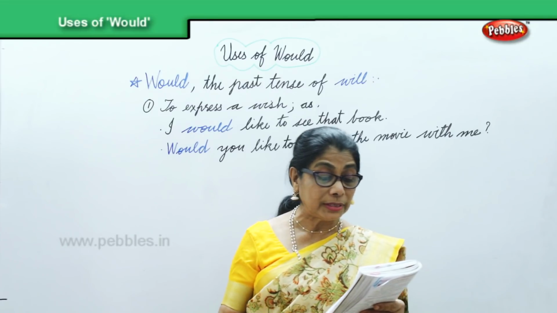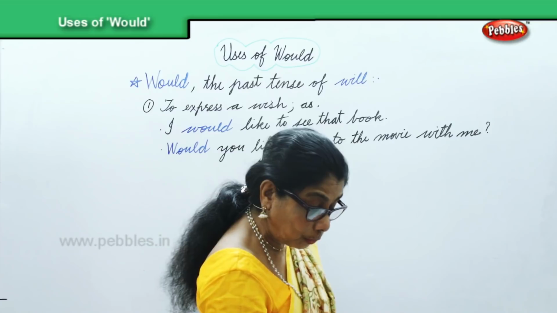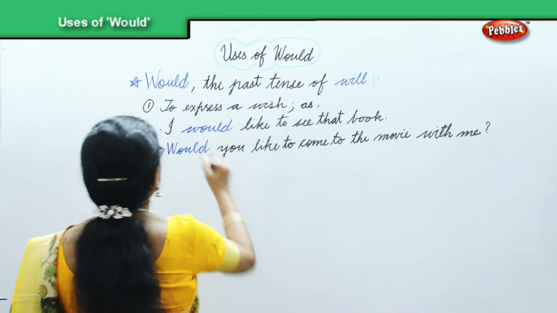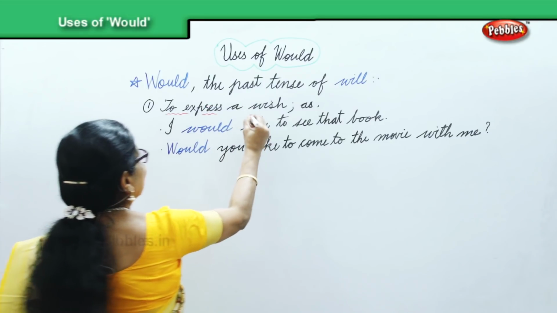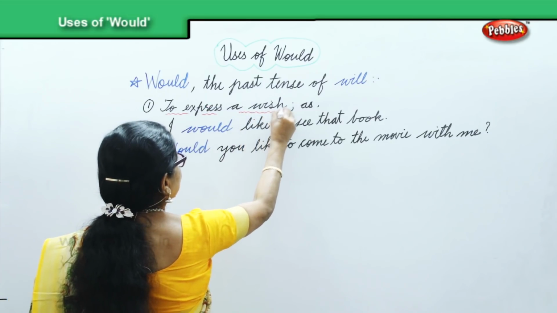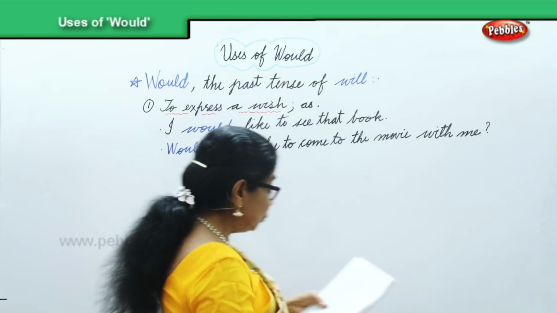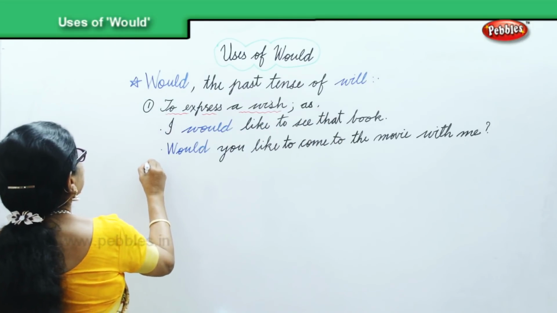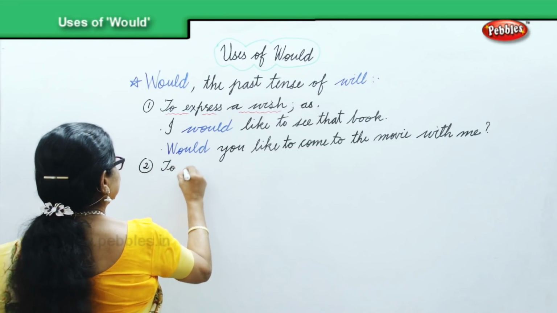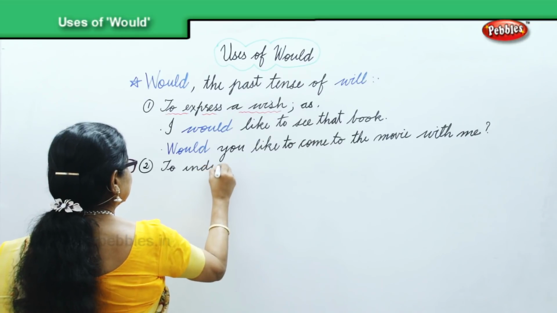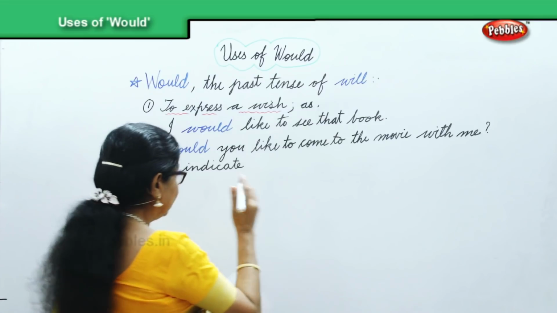And the second one is to indicate refusal. The first one, what did we see? The first we saw, would is used to express a wish. And the second category we have is used to indicate refusal.